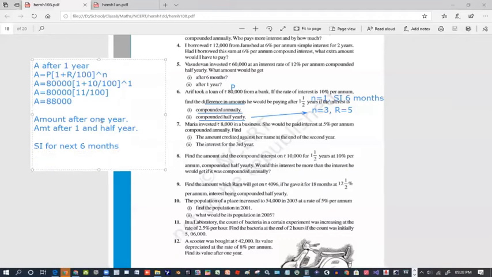So what is the simple interest? Simple interest equals PRT by 100. The principal will be, at the end of 1 year, 88,000. Rate of interest is 10, and 6 months is half a year, so 1 by 2, I am writing 0.5.